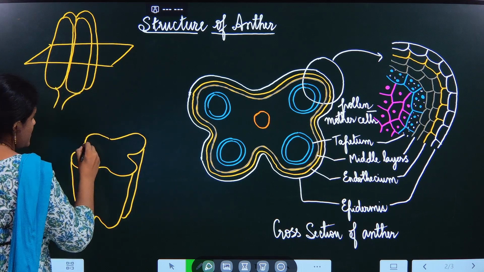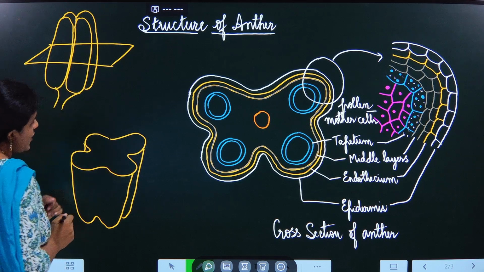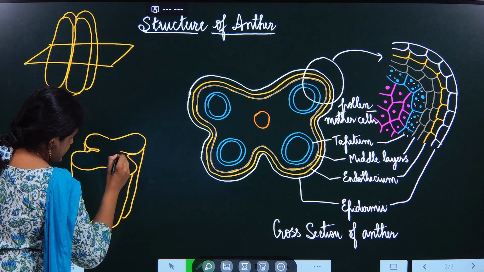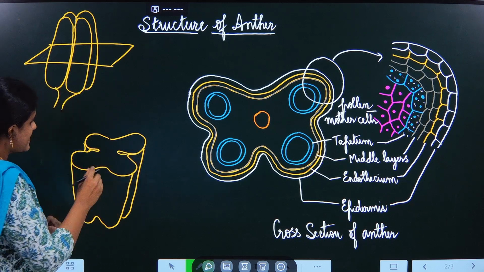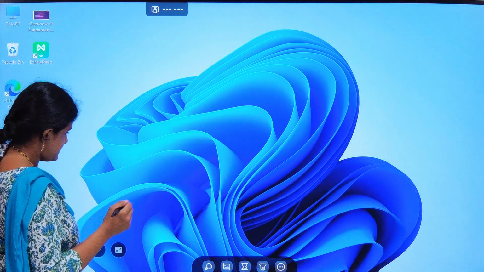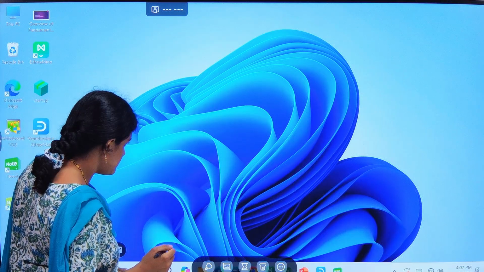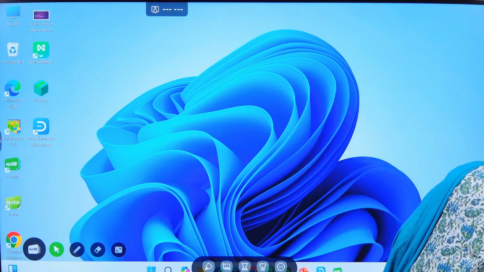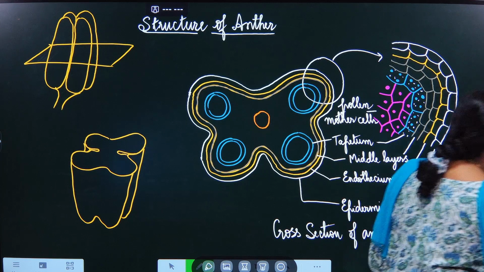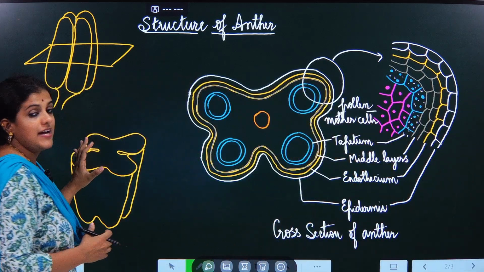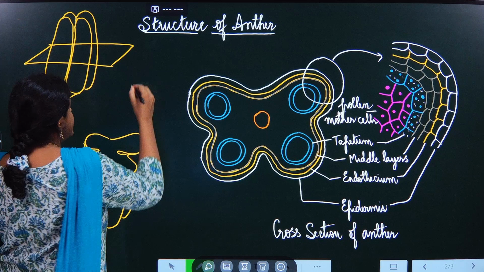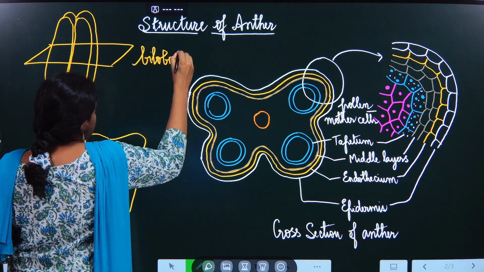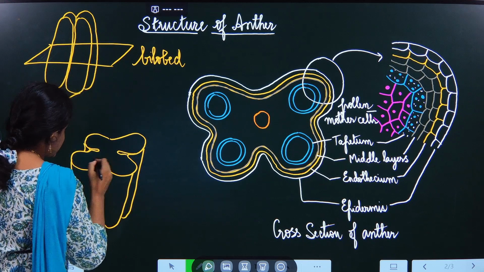Like this. So, now I will draw it like this. Now you see there are two lobes in it. When I say anther is bilobed, very important, bilobed means it has got two lobes.